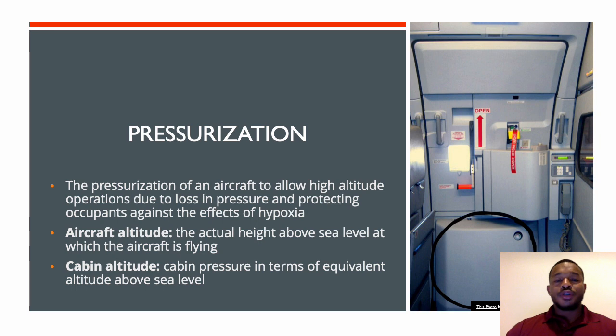So there's two types of altitudes I want to go into. We have aircraft altitude, which is going to be the actual height above sea level, and then we have cabin altitude, and that's the cabin pressure in which the aircraft is pressurized.